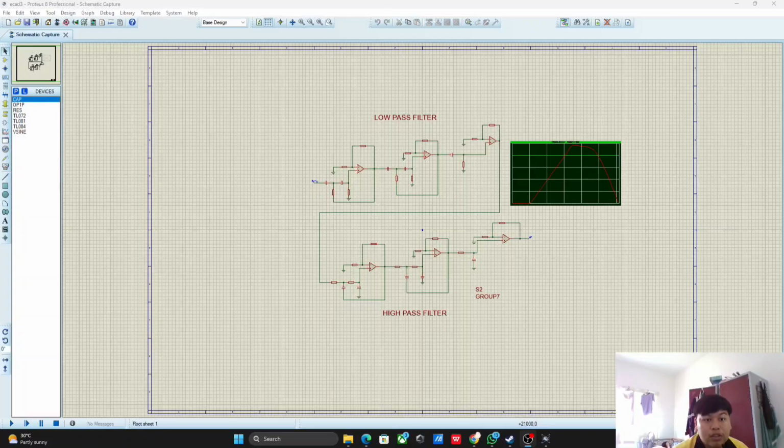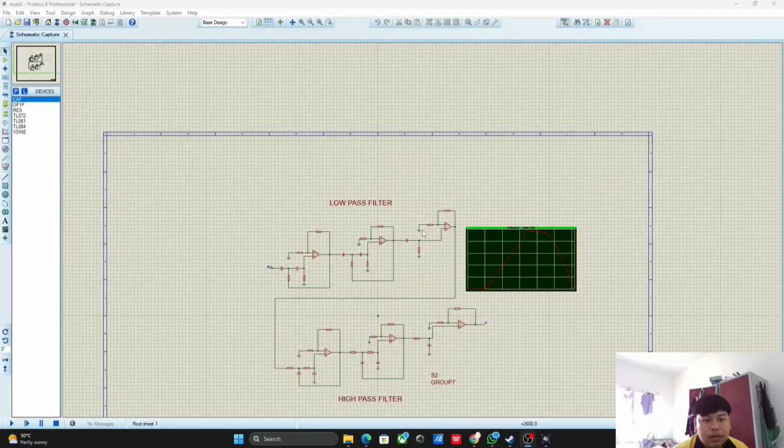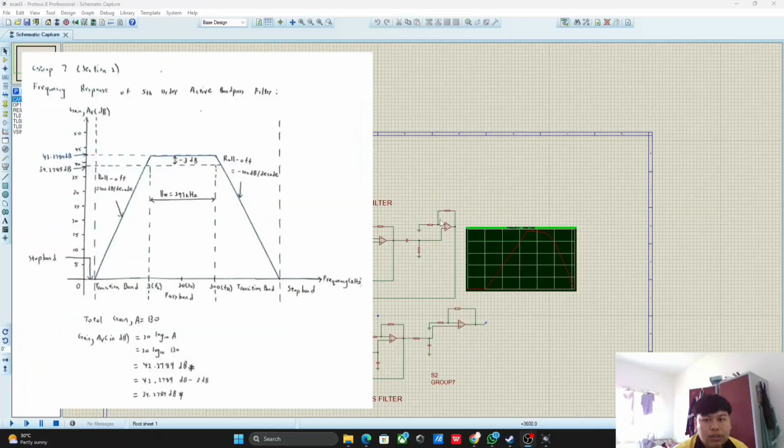So I will explain the comparison between the theoretical and simulated cutoff frequency of our 5th order active band pass filter. So based on our theoretical design, the filter was calculated to have a lower cutoff frequency of 3 kHz and an upper cutoff frequency of 300 kHz.